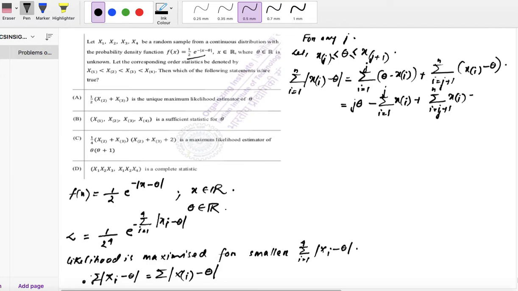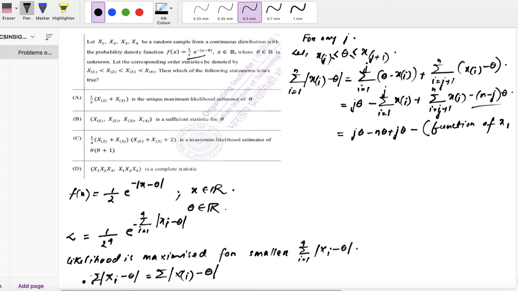The remaining term should be n minus j times theta. Now the j theta, if we bring this to the foremost part, is minus n theta plus j theta, plus functions of xi.